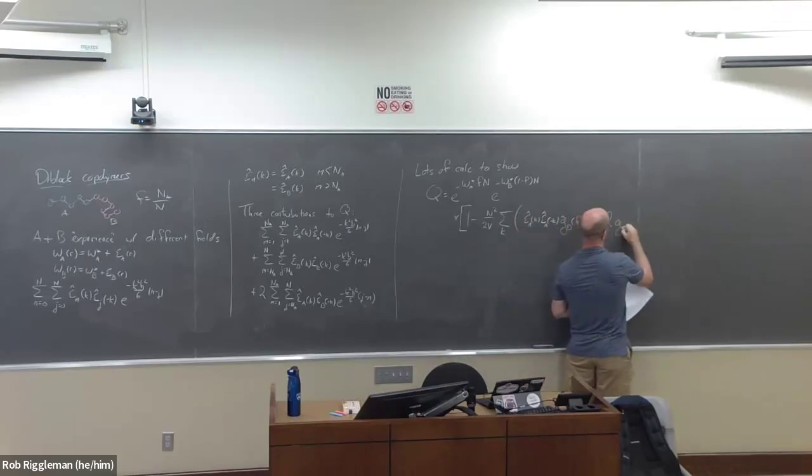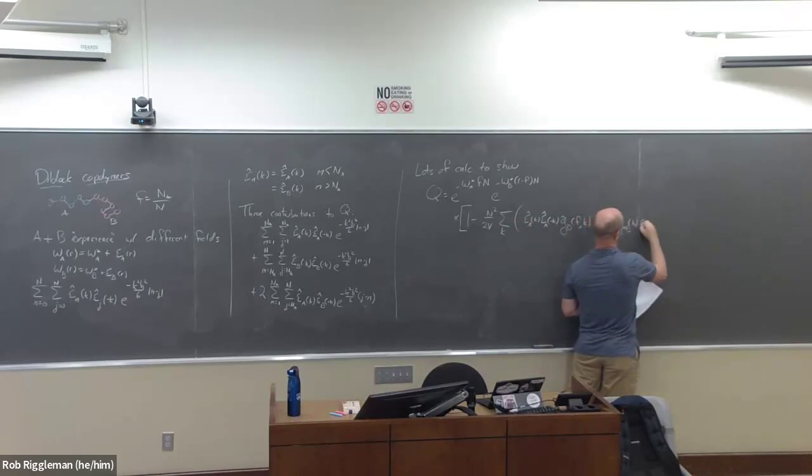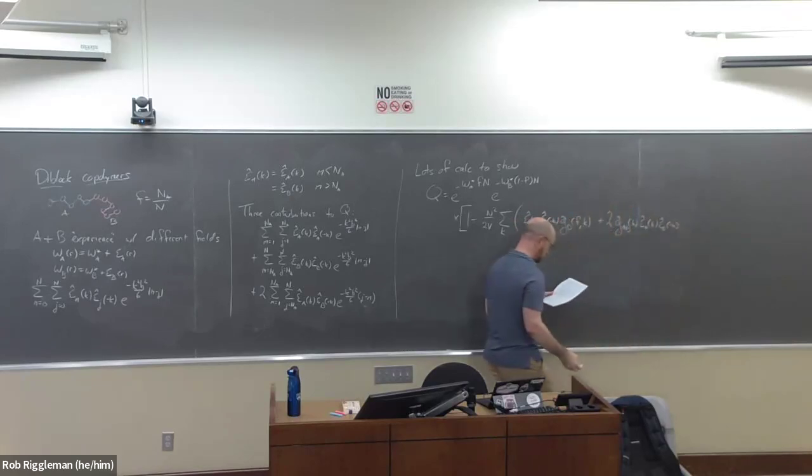It's 2GAB of K. And then plus the B term.